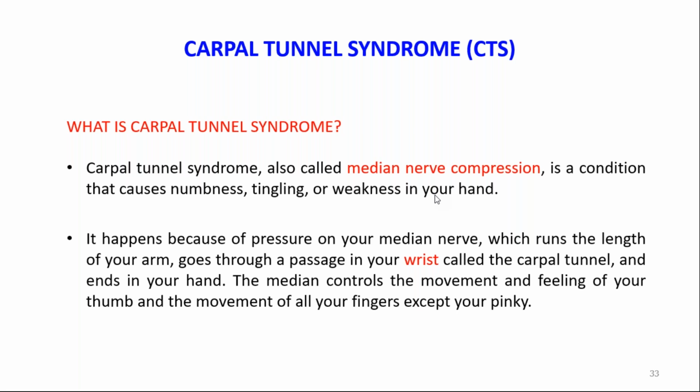if you are showing some numbness or tingling, then you may suffer from this CTS, that is carpal tunnel syndrome. It happens because of pressure on your median nerve, which runs the length of your arm and goes through a passage in your wrist. So the main part is the wrist.